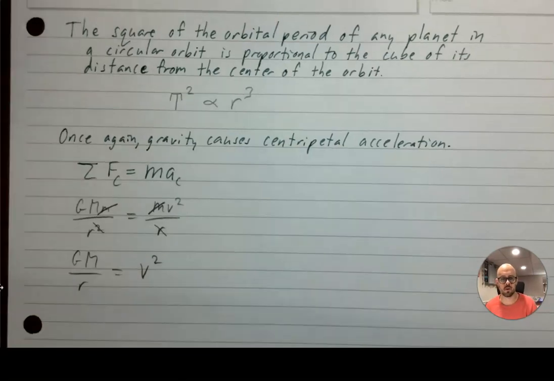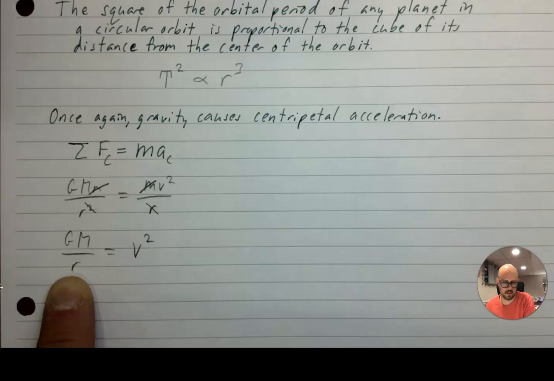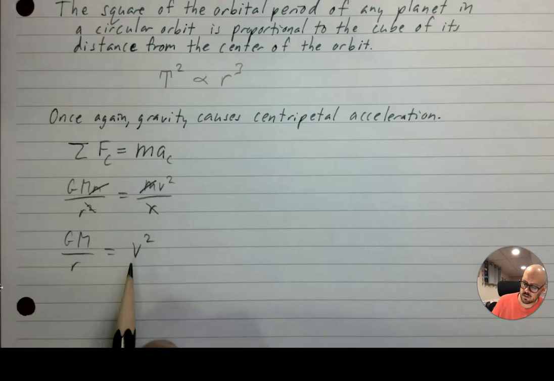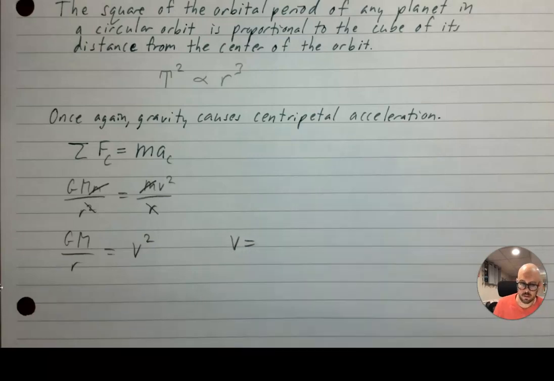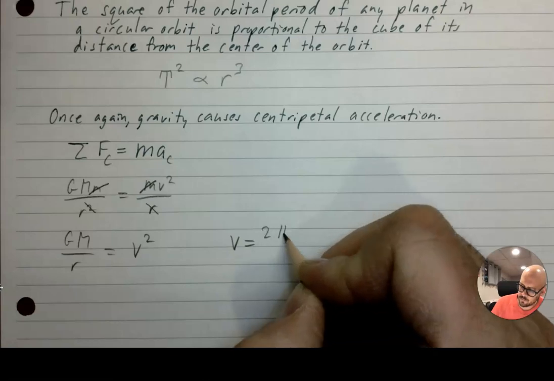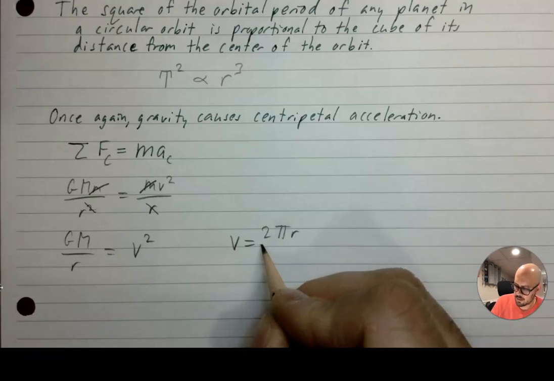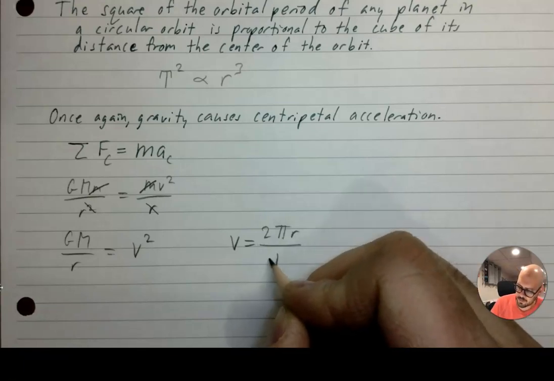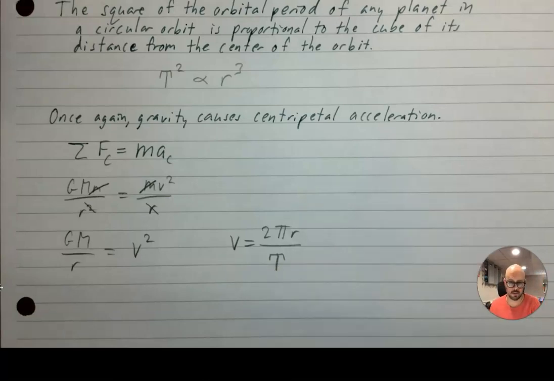Now we have an equation that relates orbital speed to orbital radius, and we want an equation that relates orbital period to orbital radius. Way back at the beginning of the unit, we talked about circular motion, where the speed of an object in circular motion is equal to the distance it travels over time, and we used the circumference of a circle as the distance. If it travels the exact circumference of a circle, the time is equal to the period.